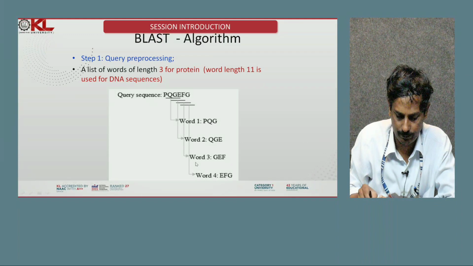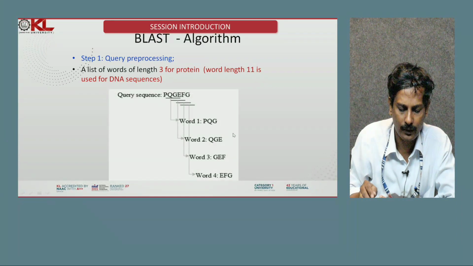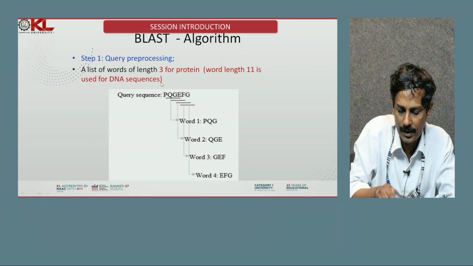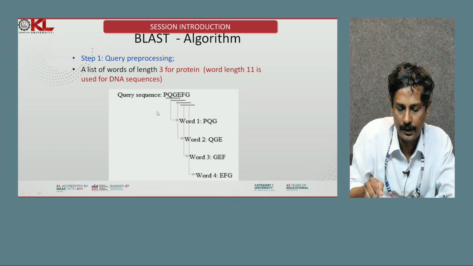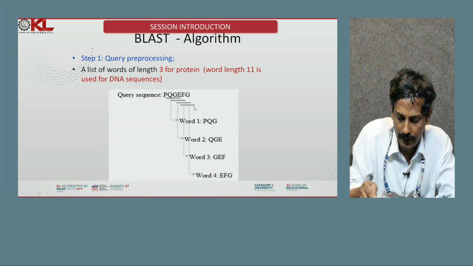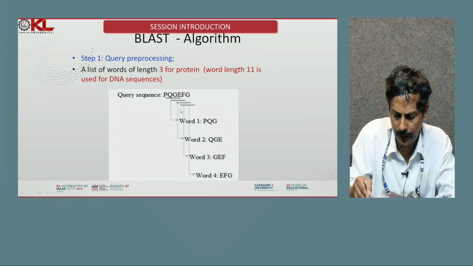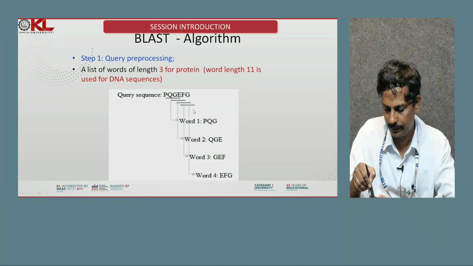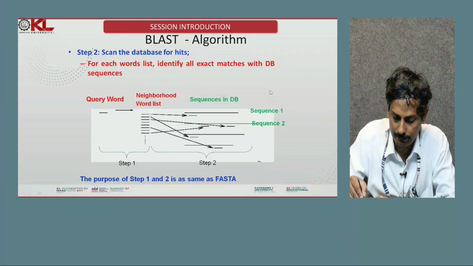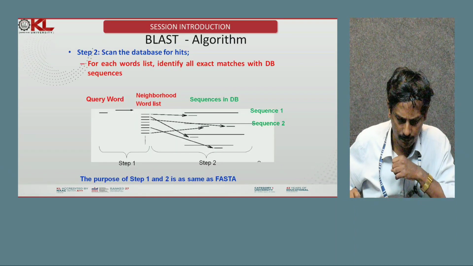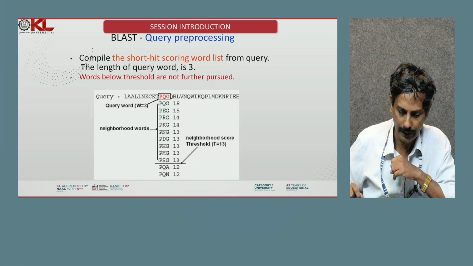This is another example, a list of words for a protein query sequence. Word 1 is PQG, the first 3 letters. Then the next neighbor word is QGE, the next consecutive word is GEF, and then the next consecutive word is EFG.